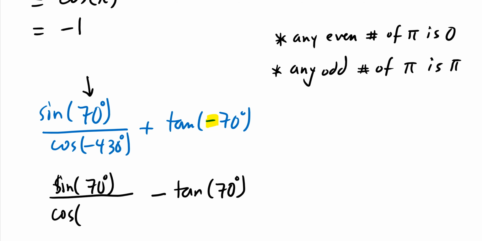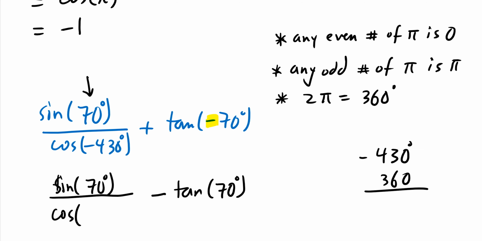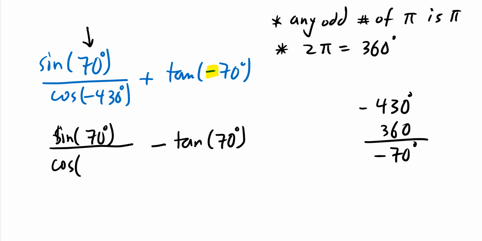Cosine, what about -430 degrees? What we do here usually, we either add or subtract multiples of 2 pi, because 2 pi is 0. 2 pi means it's always 360 degrees. So if you add 360 degrees to this, that's going to give us -70 degrees. So I'm going to substitute this with negative 70 degrees, because remember, adding 360 is going to land at the same terminal side.